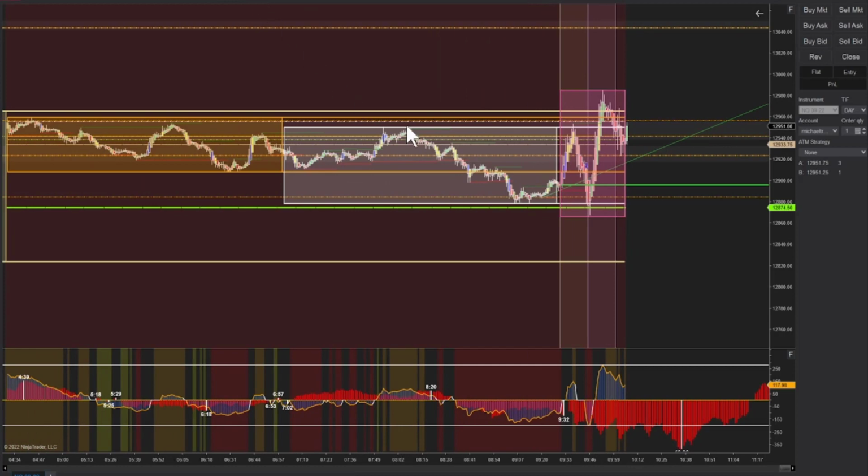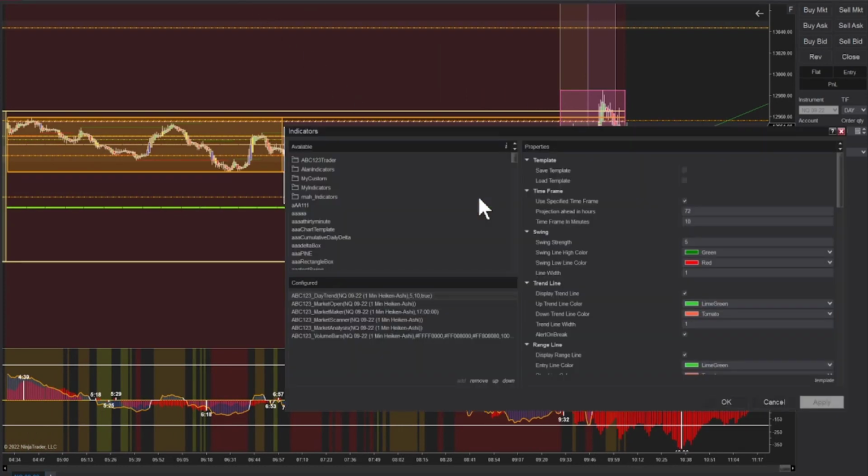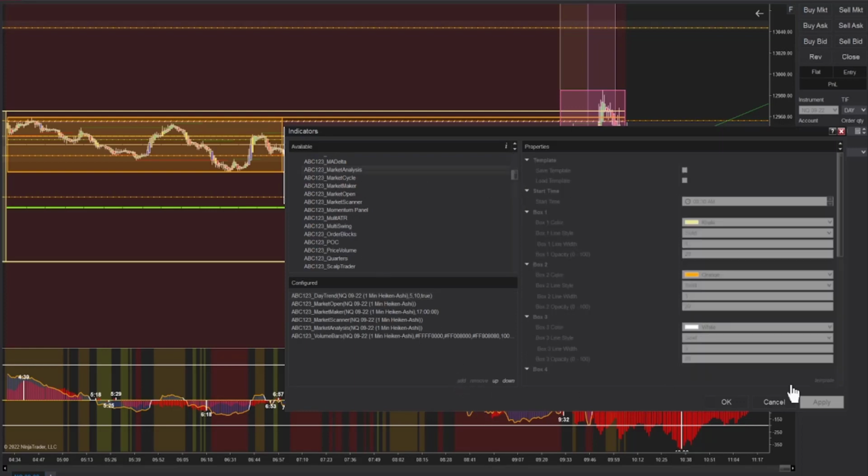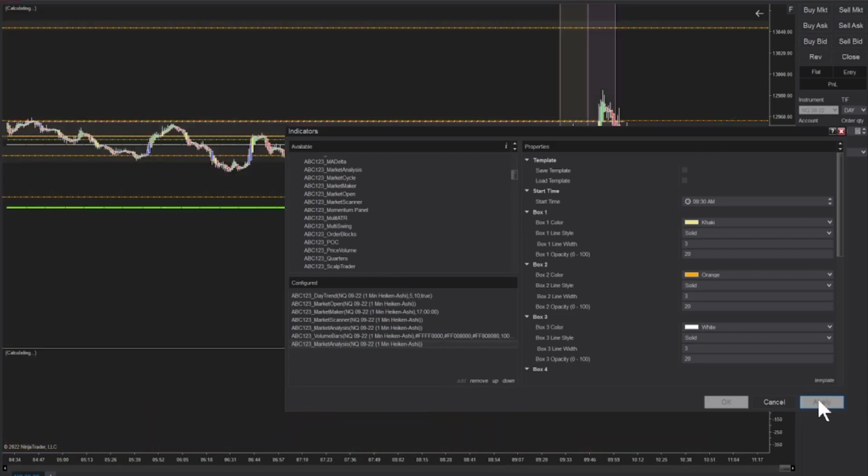I'm going to add one more thing to this chart here so I can find out what the market energy has been. Market maker, market scanner, market analysis. I think it was called market analysis.